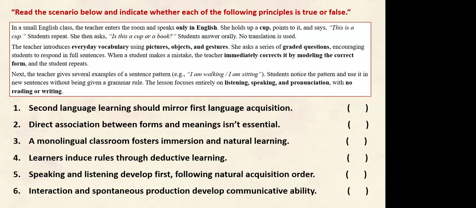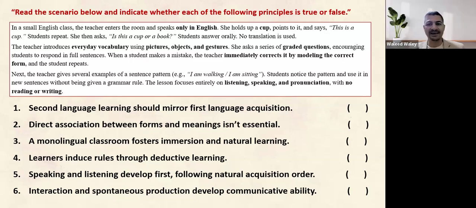We are giving them examples, and through examples, they are going to derive the rule. Exactly. So this is the inductive way: write the examples and ask your students to understand, and then elicit the grammatical rule from your students. Here we have the word induce, and here we have the word deductive. So this sentence is not correct, as you said.